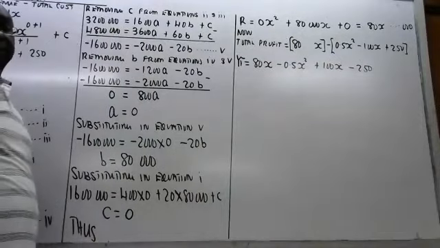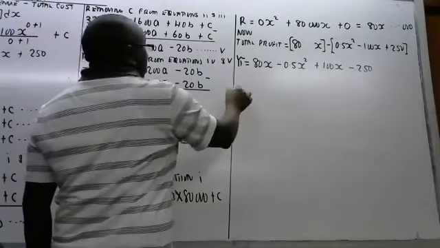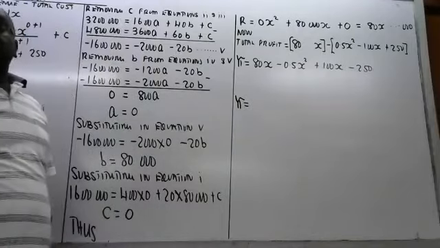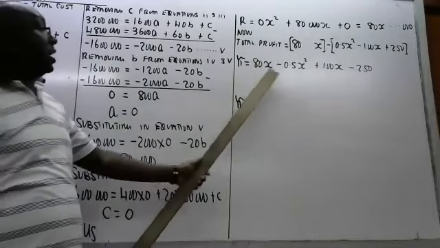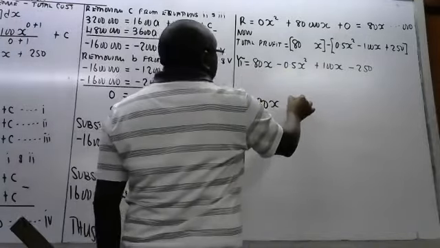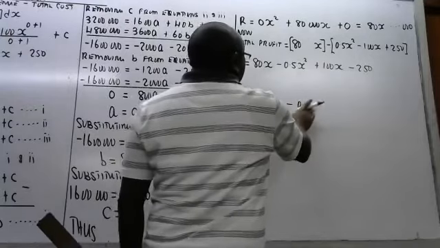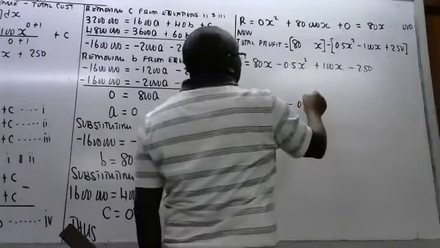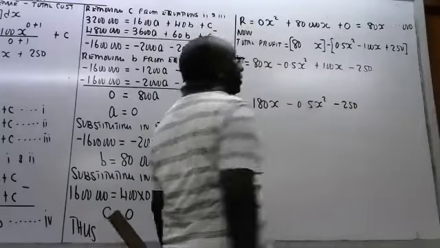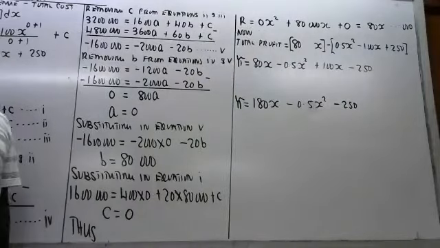So putting like terms together, this 100 to join this one, I get 180x minus 0.5x squared minus 250. So that is the profit function.